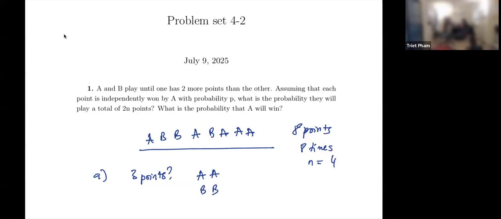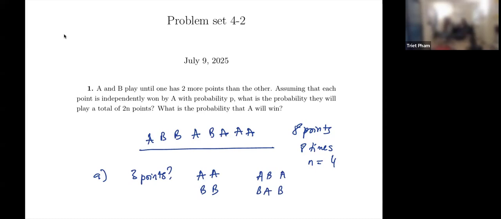What are the remaining cases? The remaining cases are either AB or BA, in which case they tie. And so if you throw in one more point, whichever way, that just means that one of them leads by 1 point. So the game cannot end yet.